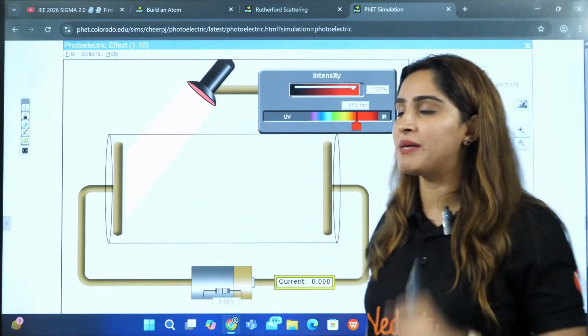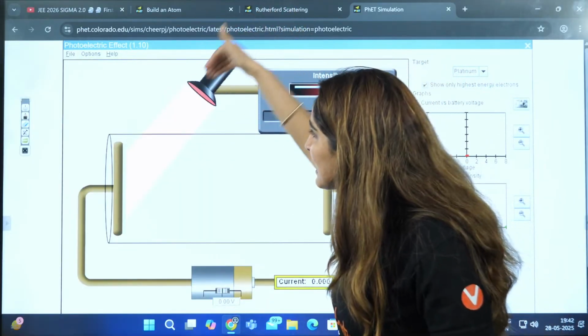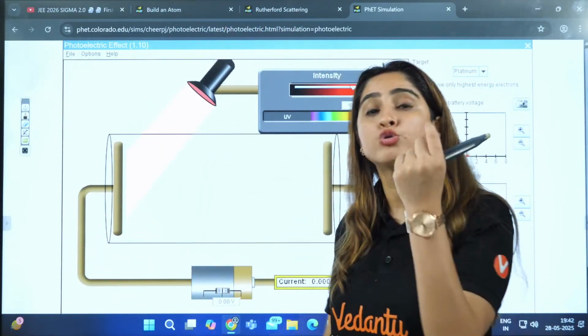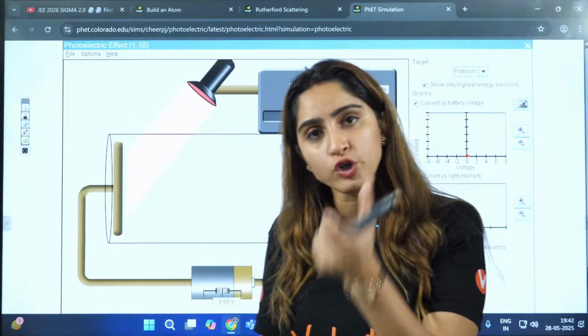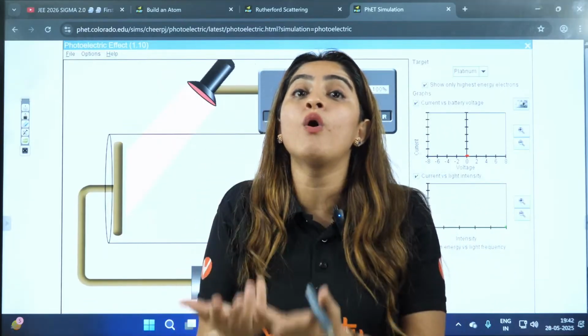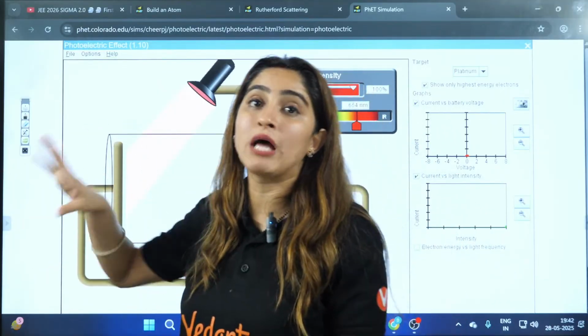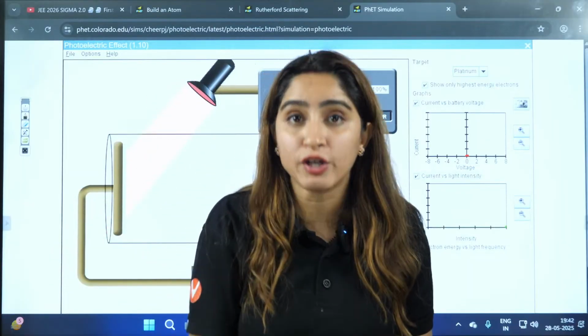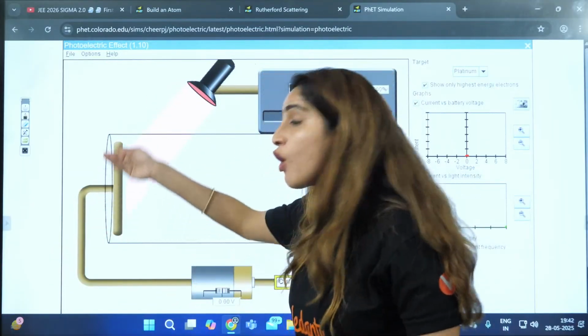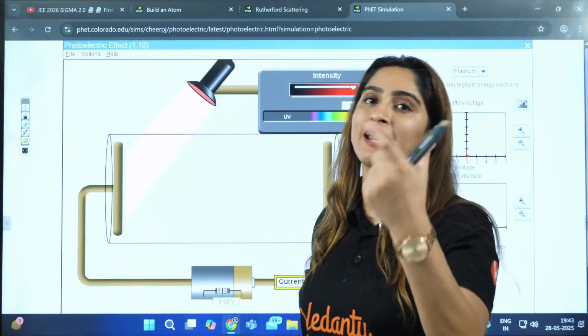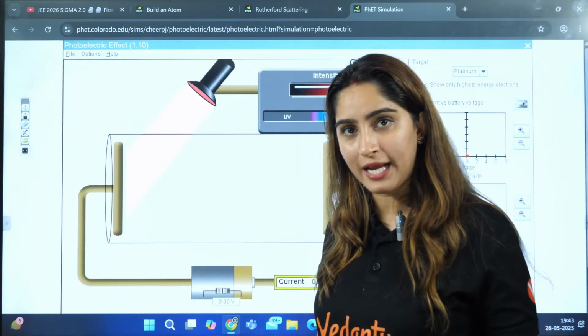So in simple chemistry words, if you give incident light, those photons, if they have more energy as compared to the energy of the electron, then the electron will be ejected with kinetic energy, it will also move, right?